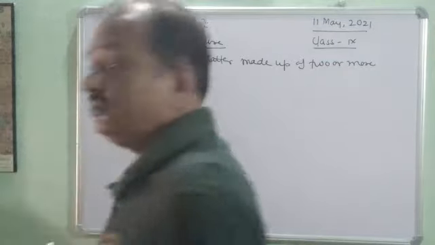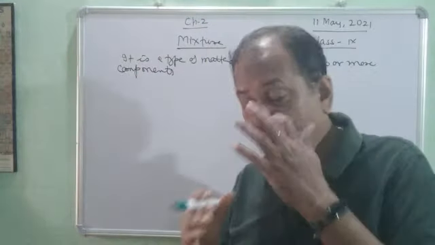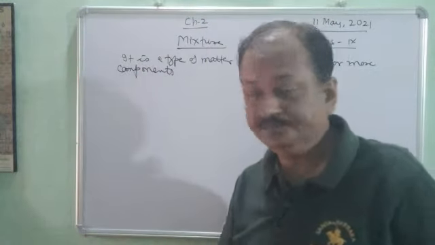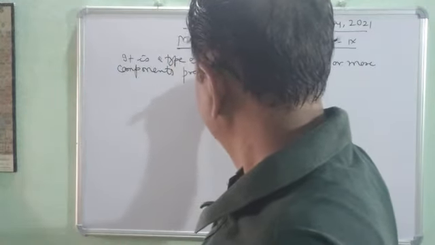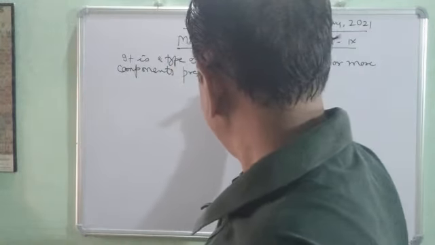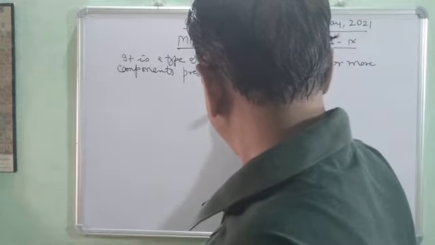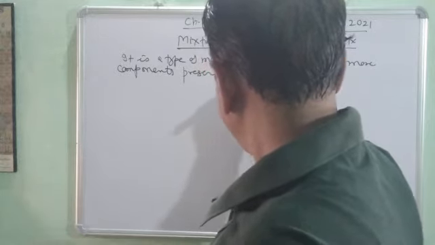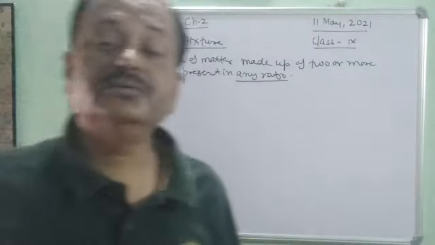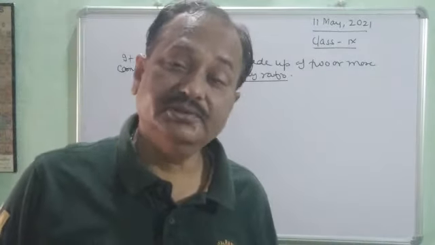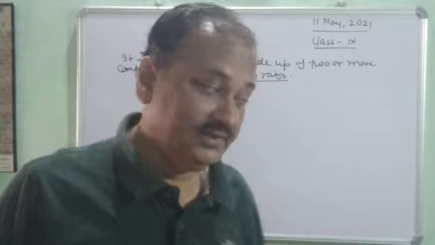Component means that from which it has been made. Two or more components present in any ratio. Any ratio, children, means the composition is not fixed.